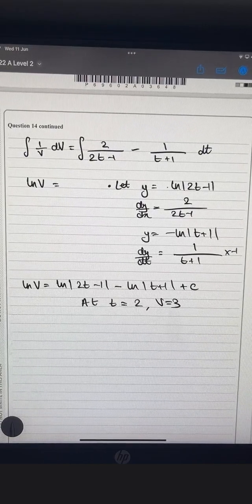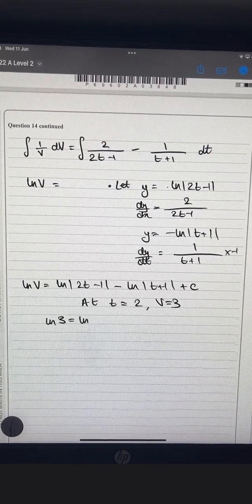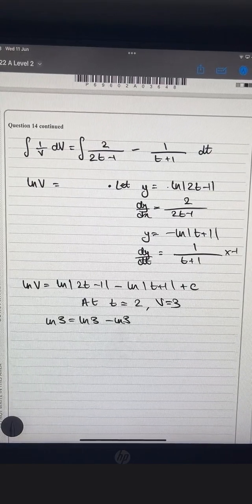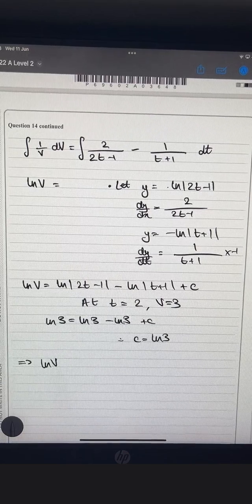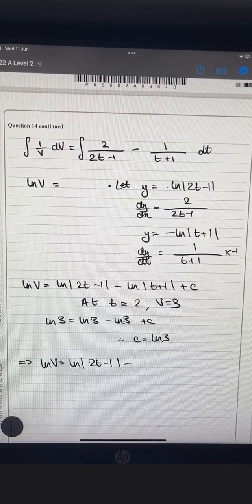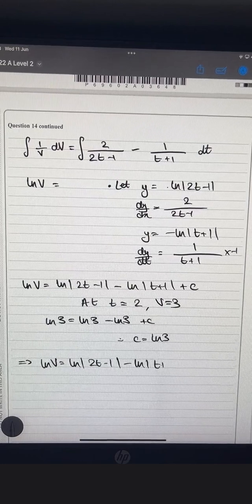So ln of 3 is equal to ln of 3 minus ln of 3 plus C. So therefore, C is equal to ln of 3. Shocker. So that means ln v is equal to ln modulus 2t minus 1 minus ln t plus 1 plus ln 3, because that is my constant, all right?